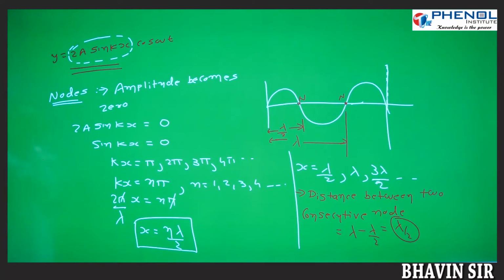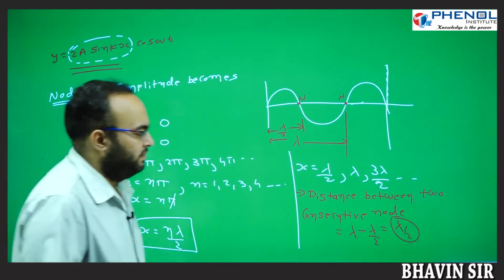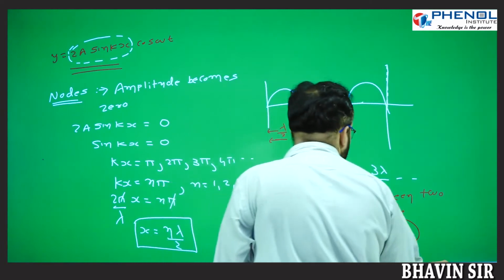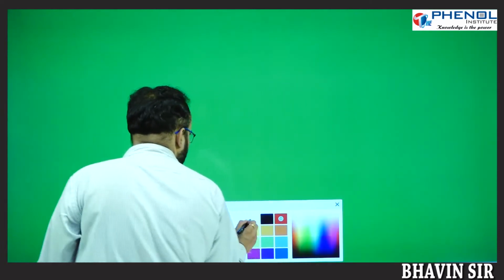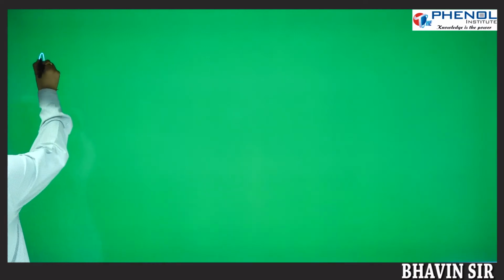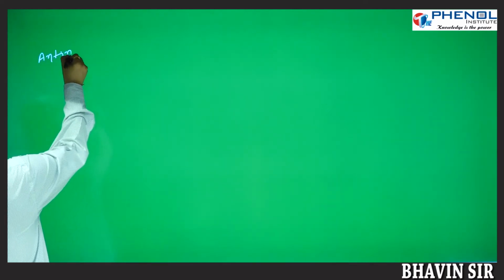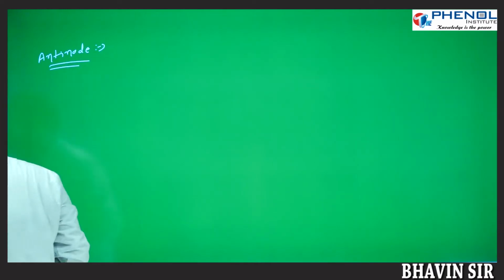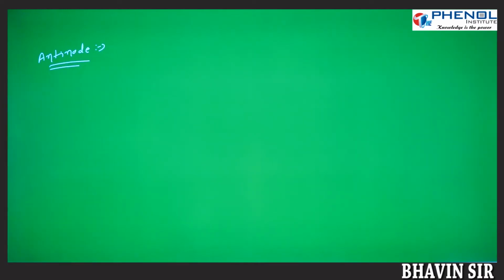Now we discuss antinode. Nodes mean amplitude becomes 0. Now antinode means what? The point at which amplitude becomes maximum.